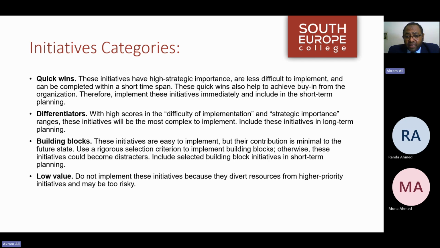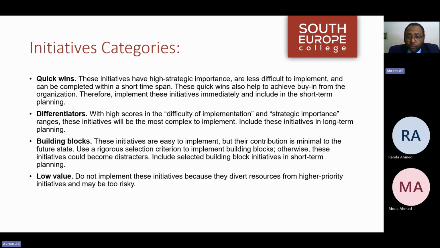So we realize our strategy through initiatives, and initiatives could be portfolios, could be programs, and could be projects. So what are the categories of initiatives that we expect to undertake?